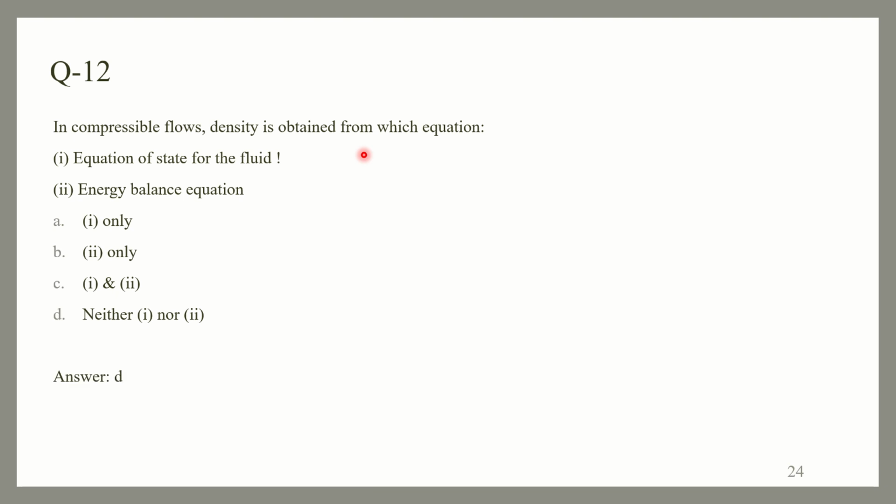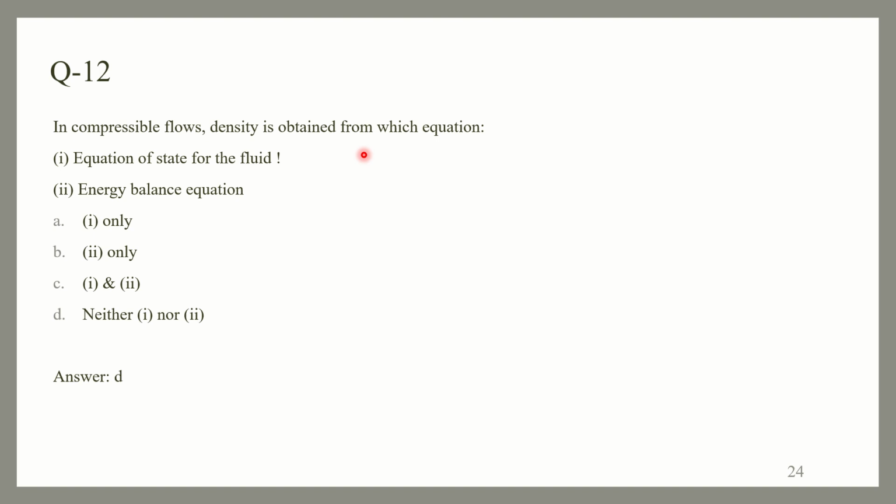Actually, neither 1 nor 2 is the right answer, because here we are dealing with density. In compressible flows, we solve 4 equations if it is a two-dimensional system. First is continuity equation, second is x momentum equation, then y momentum equation, and energy equation.